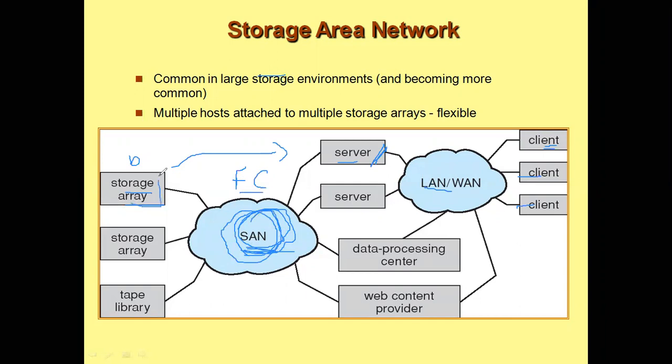For example, if this particular drive crashes, then immediately you will have the redundant data in the other array also. So it does not take much time to transfer it to the other arrays or to the server. It is very fast here. So the clients access the storage arrays through the server via the storage area network.